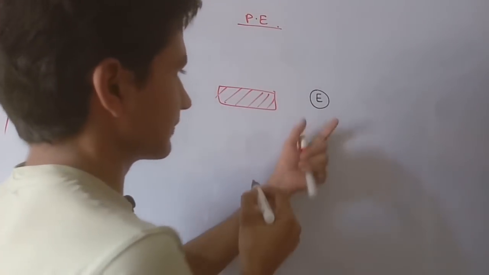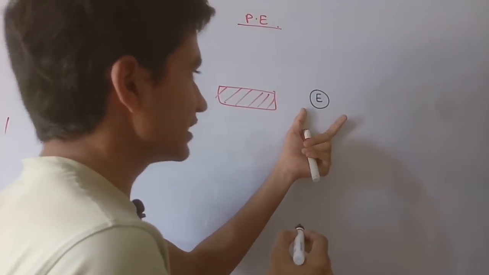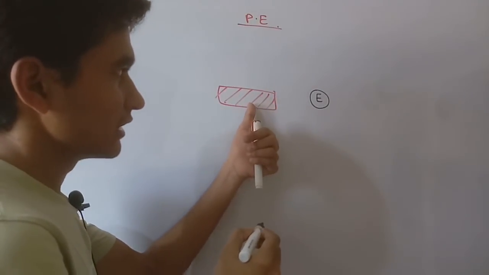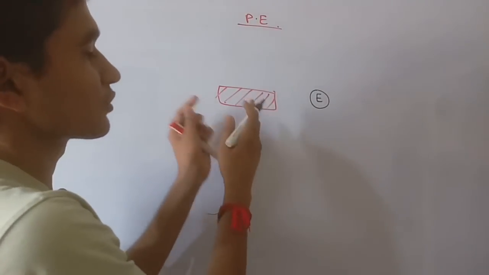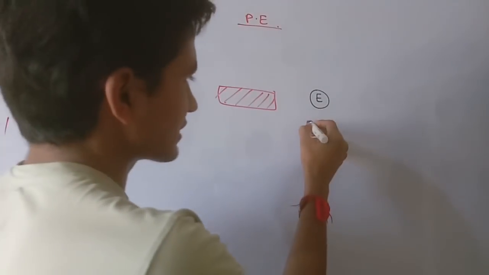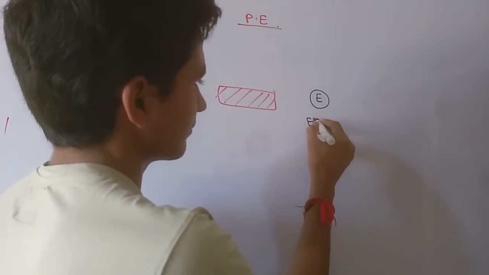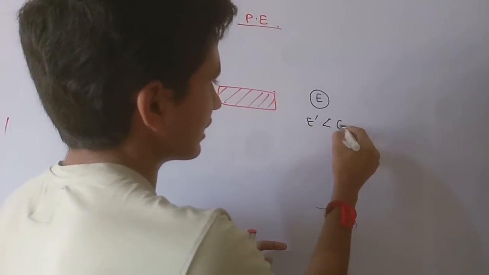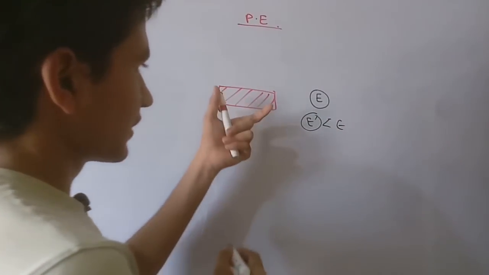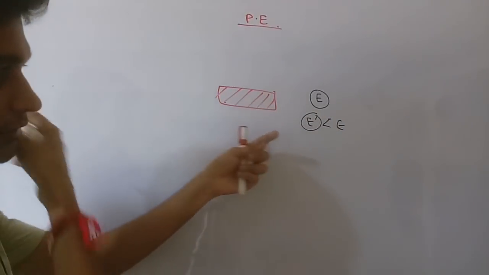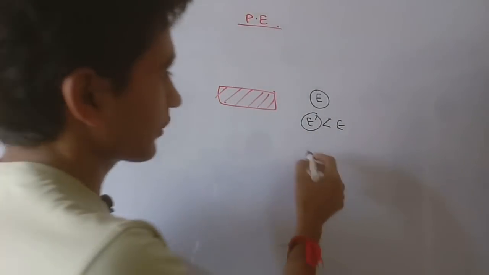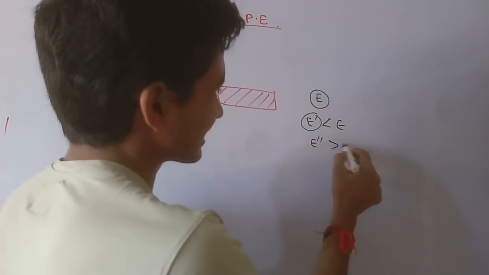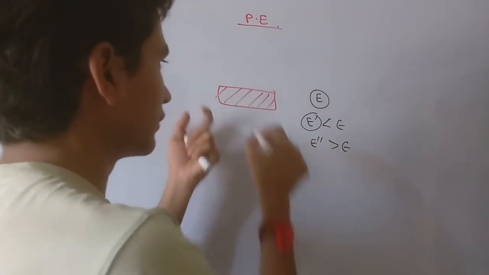Suppose the minimum energy is E. If minimum energy E is provided to that metal in the form of radiation, then electrons will be excited. If energy less than E, suppose E dash, which is less than E, is supplied to the metal, then the electron will not be excited. Or if energy E double dash, which is greater than E, is supplied, then the electron will be excited.